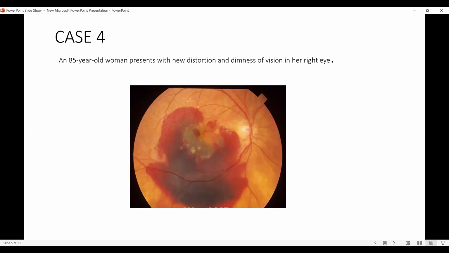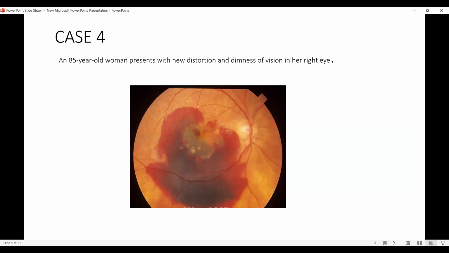And it shows leaking in the late stage. As the stage advances, leaking will continue, so the staining will be more intensive. And how can you classify on the basis of the fundus fluorescein angiogram? There are two types. In occult CNVM, we will get ill-defined margins, whereas in the typical or classic type, we will get the typical lacy pattern with well-defined borders.